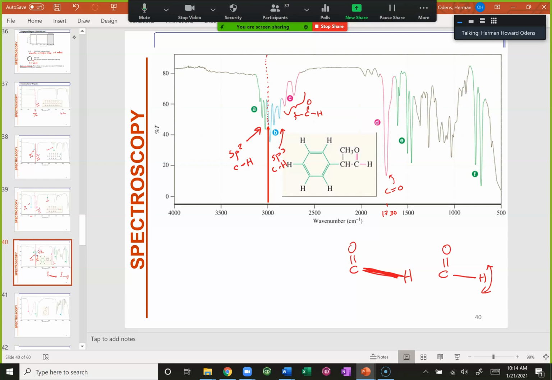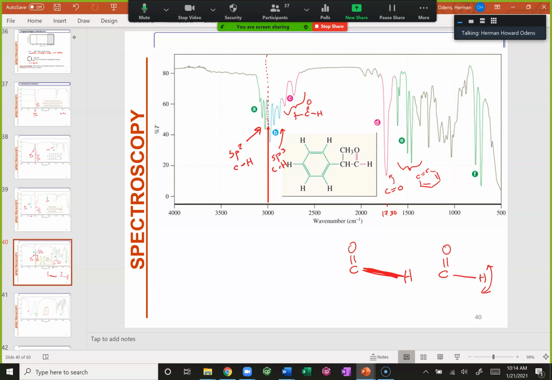Check the next set of bands. We have 1, 2, 3, 4 bands in green here. These 4 bands belong to what? Your C double bond C stretch. I'm just going to draw one of them. I like to draw only one of them, just to illustrate.